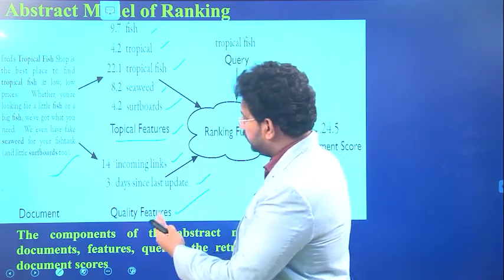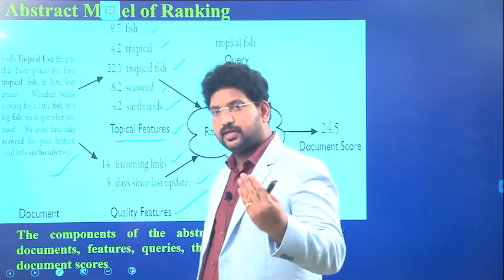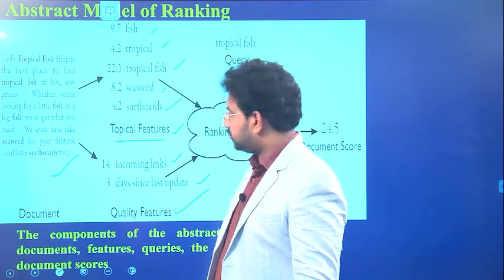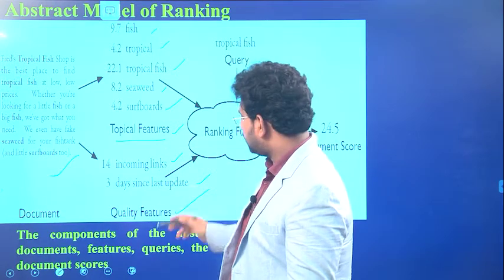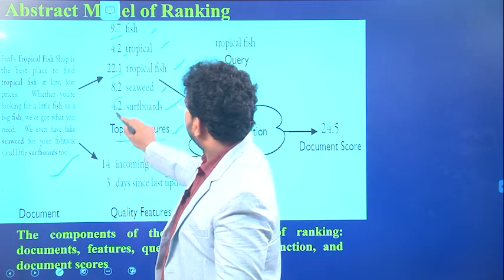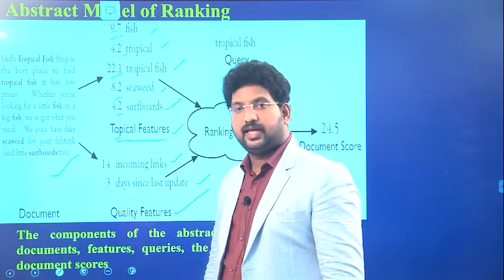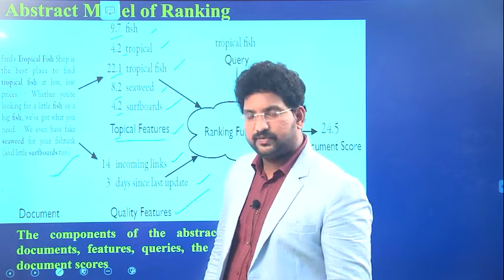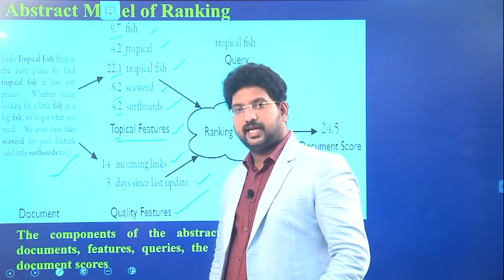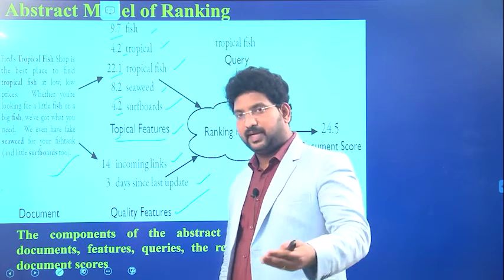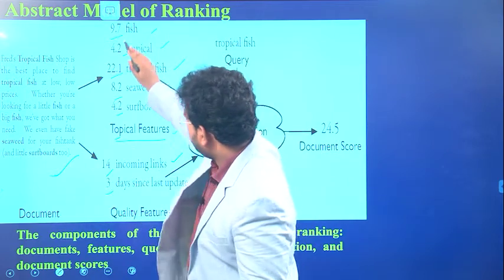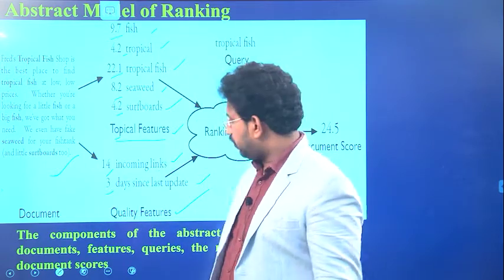Whenever the computer converts the document into index terms or document features, these features, topical features and quality features, are assigned some numerical values. This is done with the feature function. We can simply understand the feature function as a simple mathematical expression that expresses the value in a numerical format.